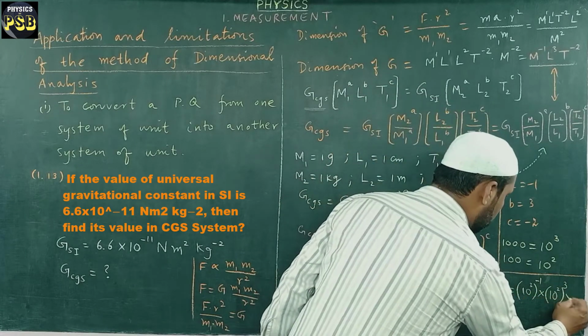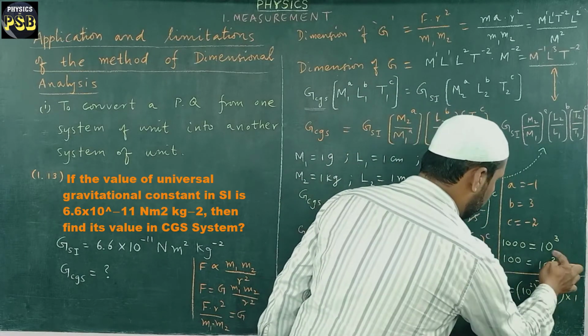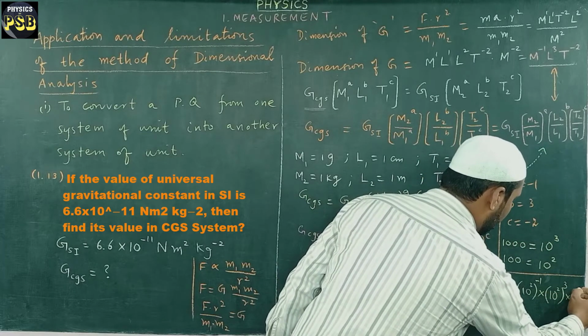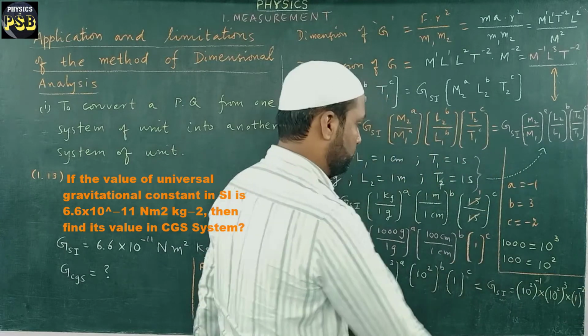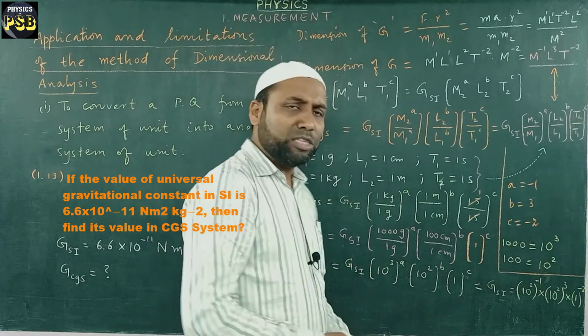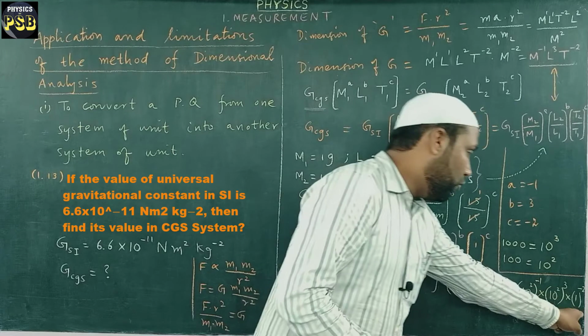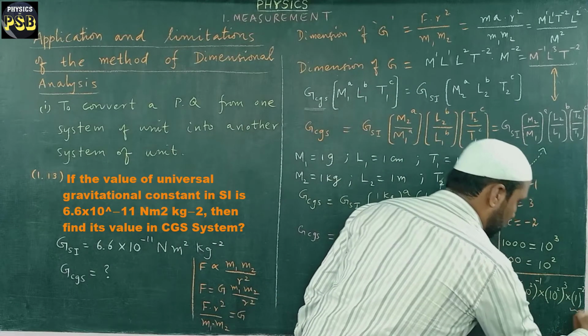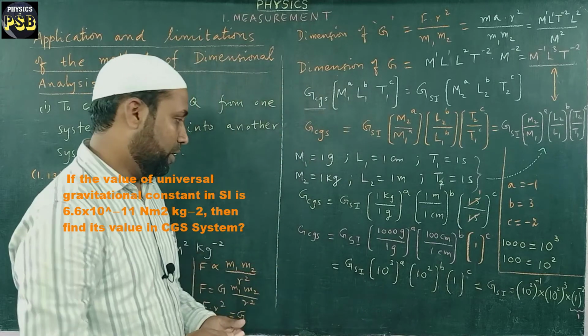Then here 1. In the place of C, we have minus 2, 1 power minus 2. We know when 1 is raised to any power, the value is going to be 1 only. So 1 power minus 2 is 1 here.